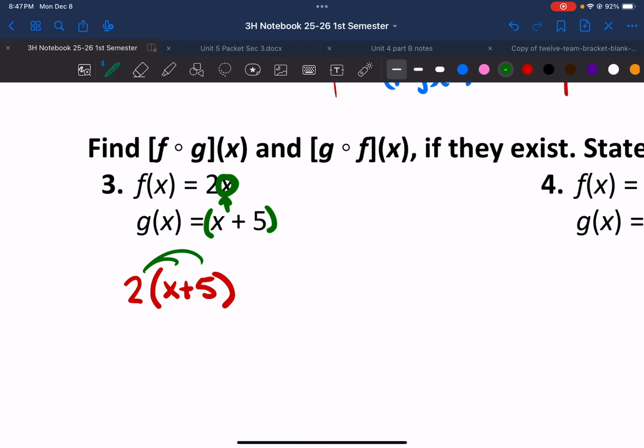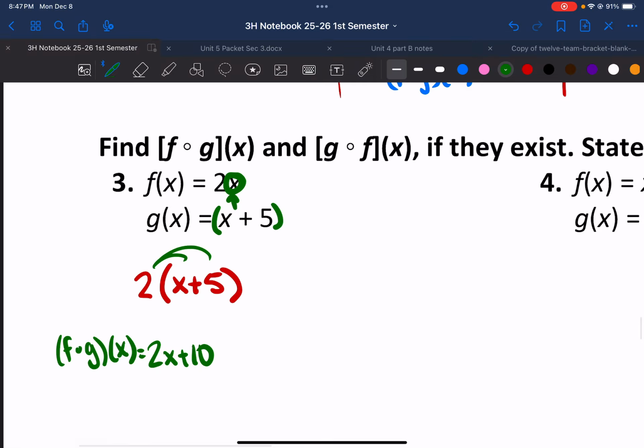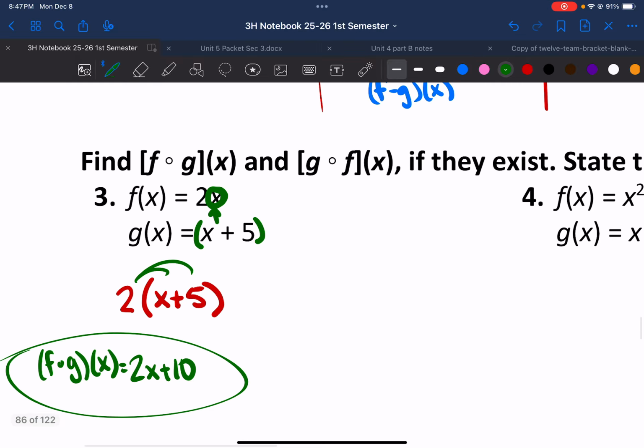We simplify. And this is f of g of x simplified. Okay, now g of f of x is different.